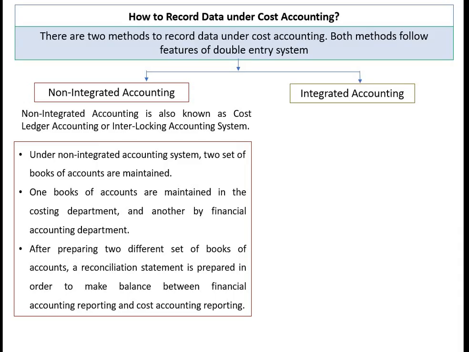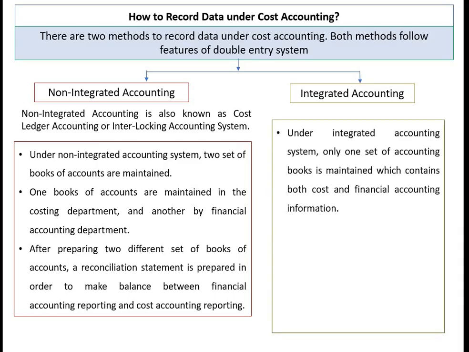As you are also aware, some pure financial transactions are not recorded in cost records. So definitely there will be a difference on that ground or some other reasons, which we will discuss in the reconciliation chapter. But keep in mind that pure financial transactions are not recorded in cost accounting records. So that could be one of the points of difference, and it will serve the purpose of the reconciliation statement.